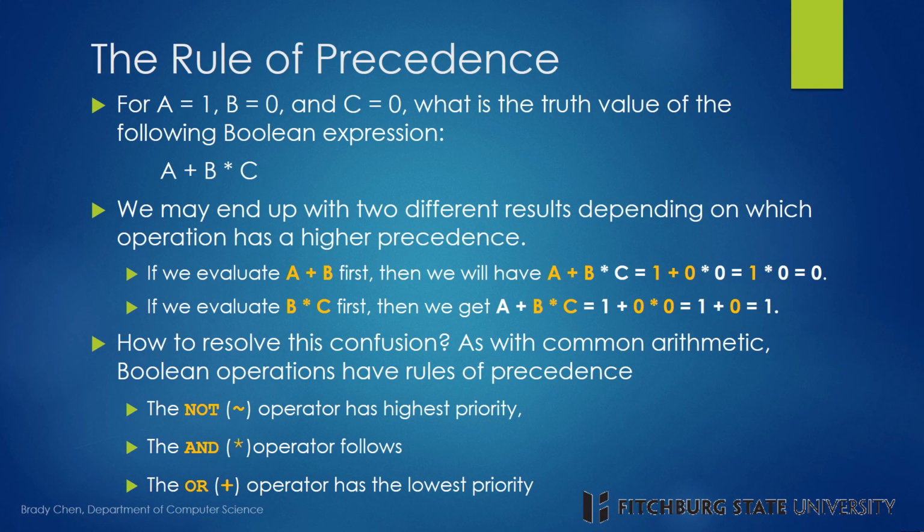The reason we want to talk about the rule of precedence is that sometimes logic operations are very confusing, just like an arithmetic expression. For example, when we talk about additions and multiplications, we need to figure out in certain cases what is the order of the operations.